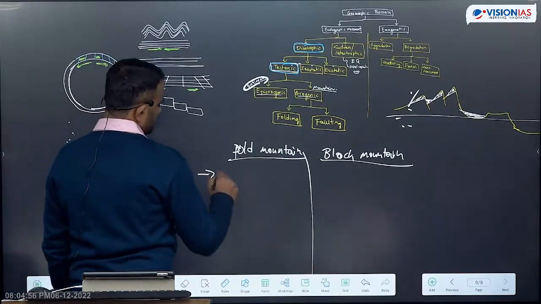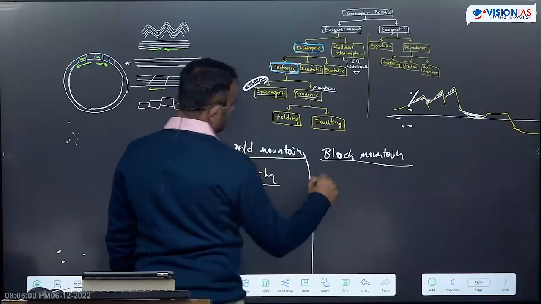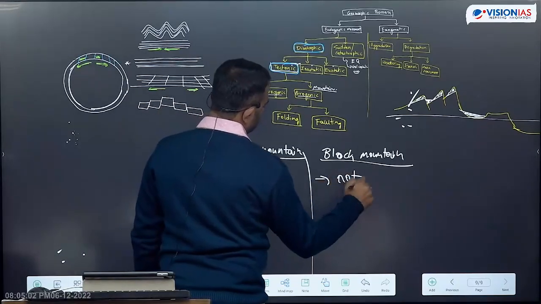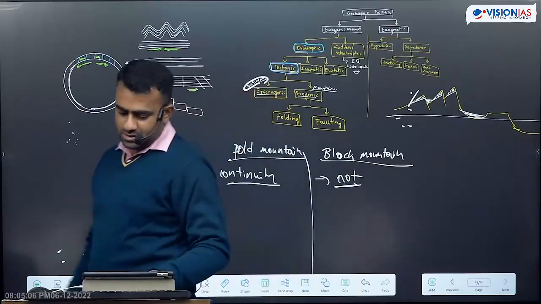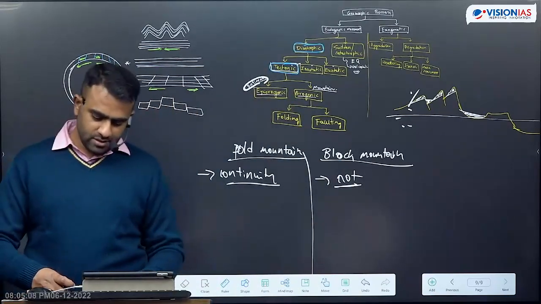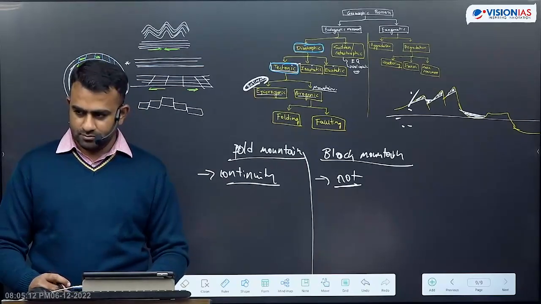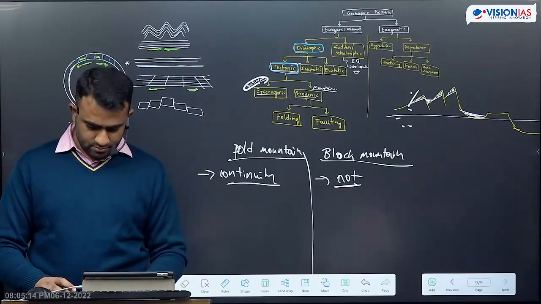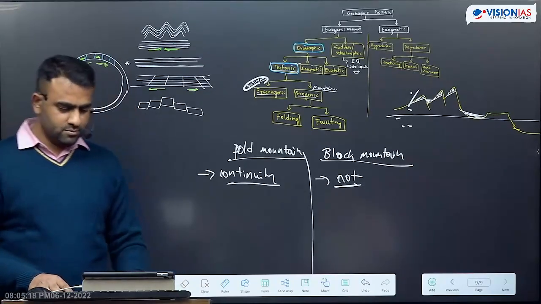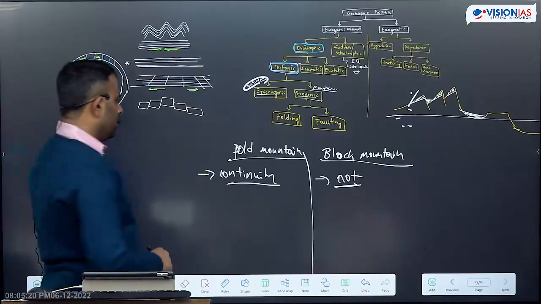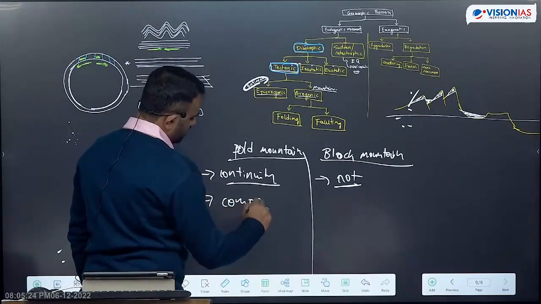Here there is continuity. Original continuity is maintained. Here it is not. Here it is discontinuous. The blocks are basically the discontinuous portions. Fold mountains are caused by compressional force.